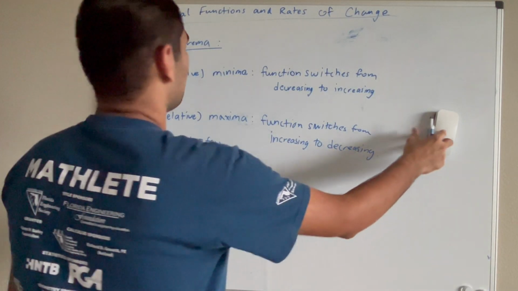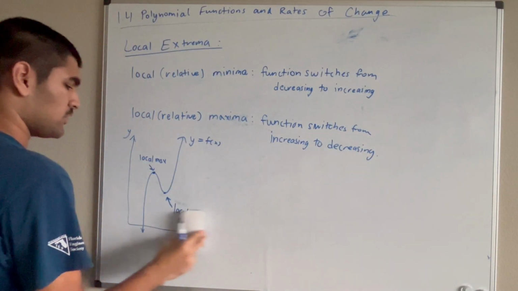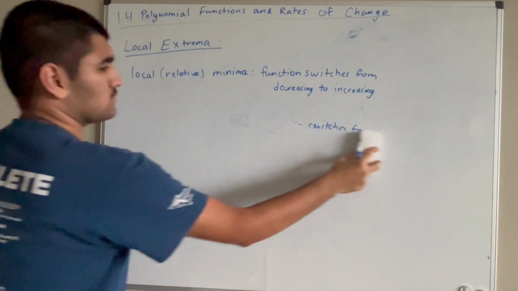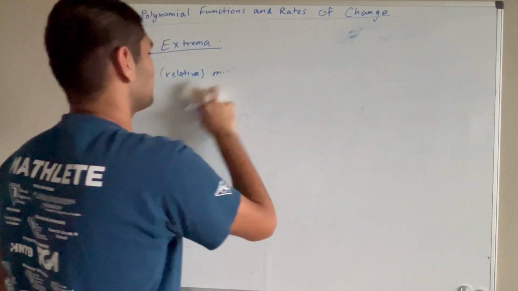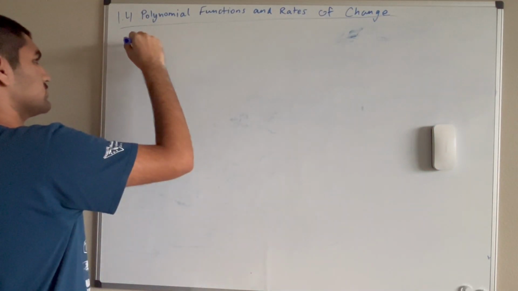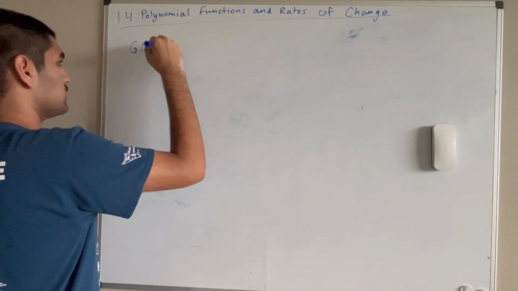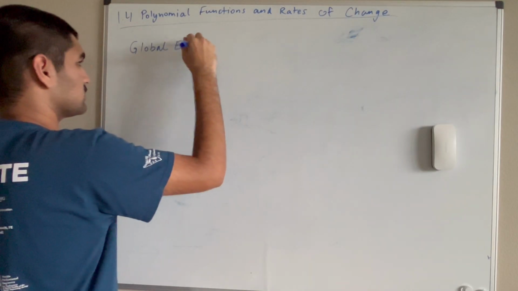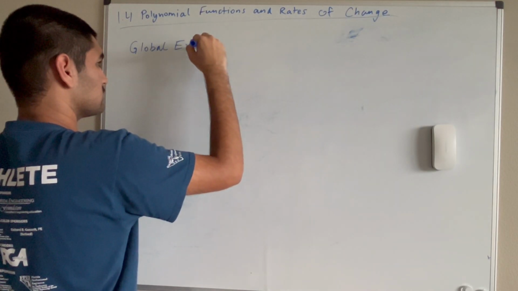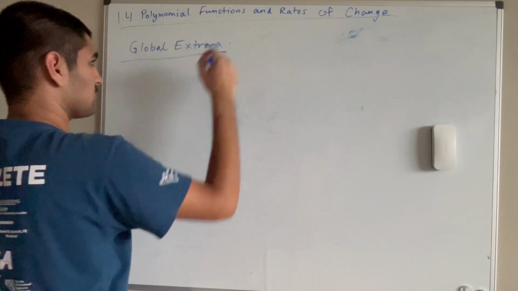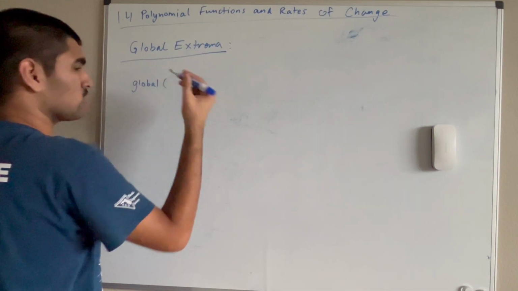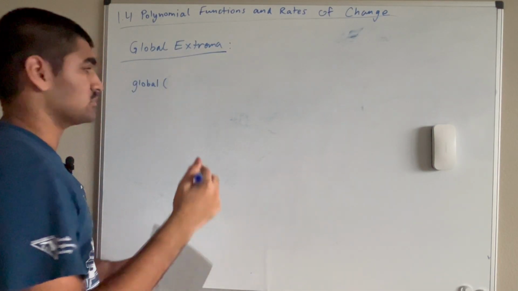Okay, so now let's talk about another form of extrema, which is derived directly from this. Namely, let's talk about global extrema. So, a global, and sometimes also called just absolute.